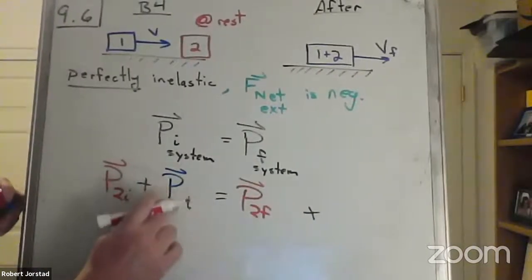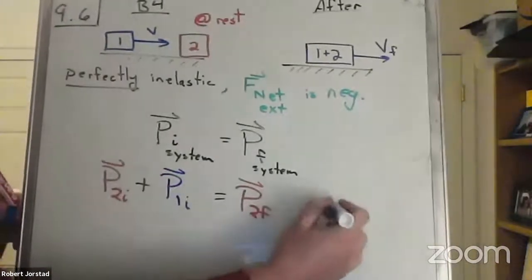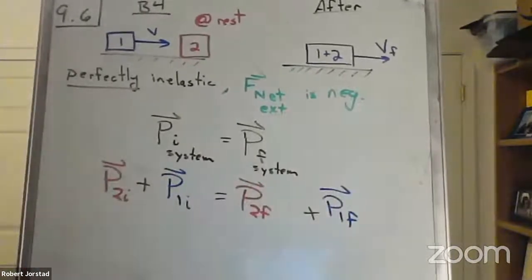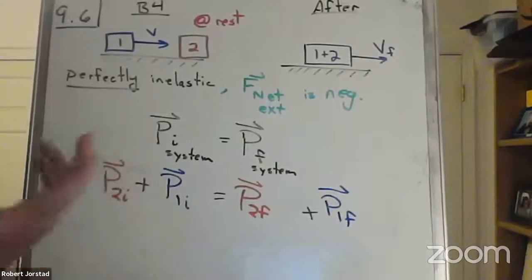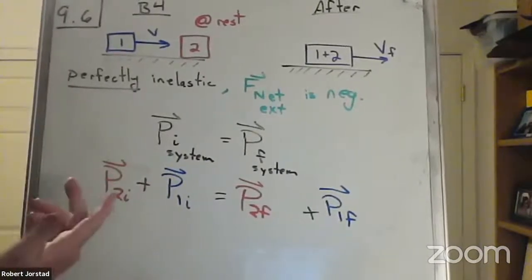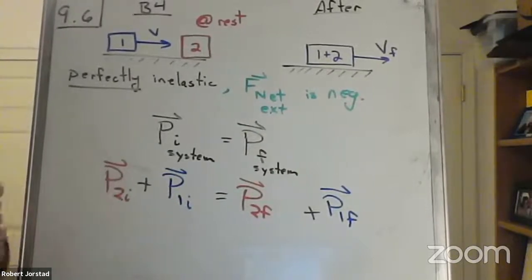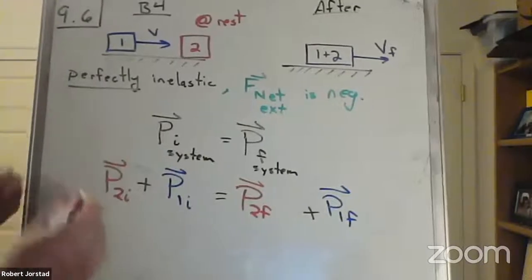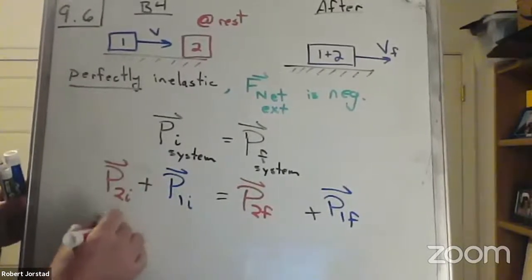Sorry about that. All right. So now our system is object 1 and 2. The two objects that we are talking about in the collision. So in this case, now I'm going to go one level further. Again, the order of the subscripts, who cares about that?